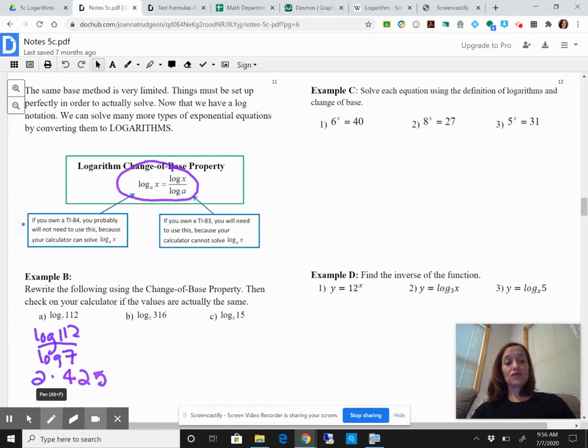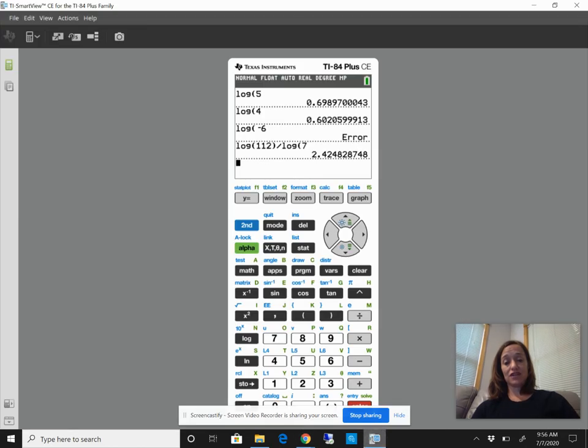Now, it says right here, if you own a TI-84, you probably won't need to use this change of base very often because your calculator actually can do this with a different base, and I'm going to show that to you in a second. If you have a TI-83, then you're going to have to always use this change of base property because it doesn't have that functionality. Where do you find this?